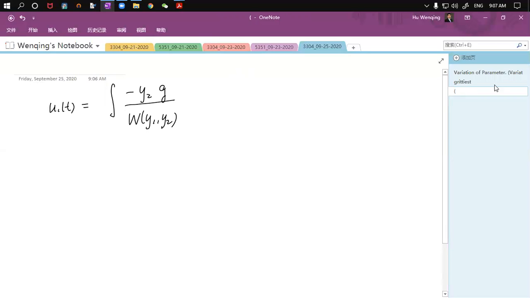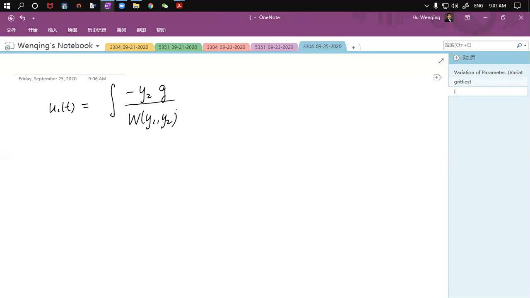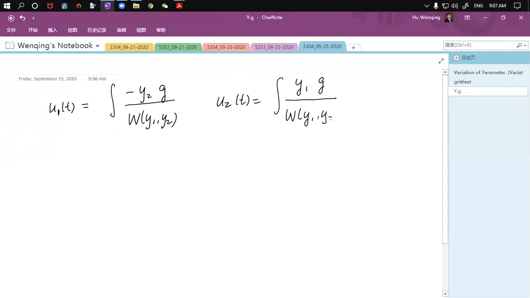Regarding the g, you must take the equation in standard form. If it's not in standard form, you cannot use the g. And it's minus y2 and plus y1. So u1 is minus y2 and u2 of t is equal to plus y1 multiplied by g divided by the Wronskian of y1, y2. So that's going to be your u1, u2.